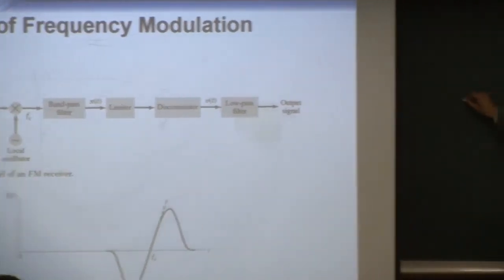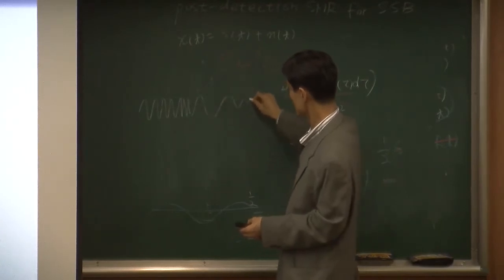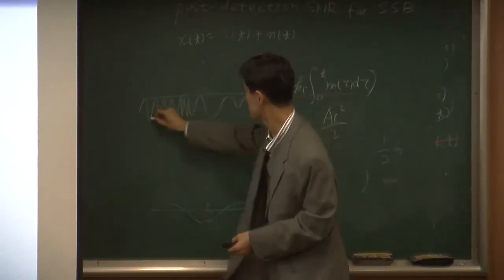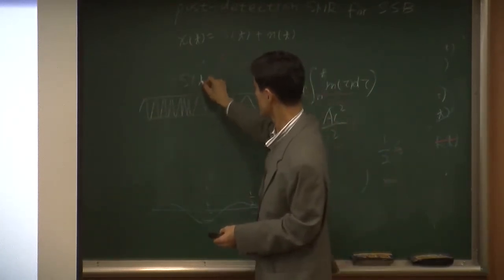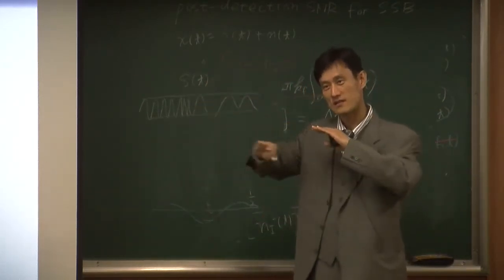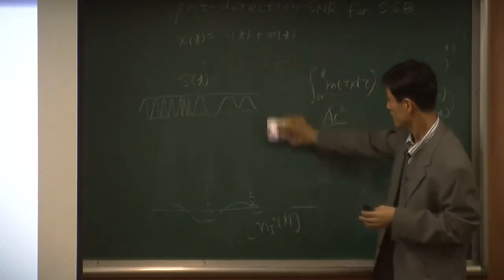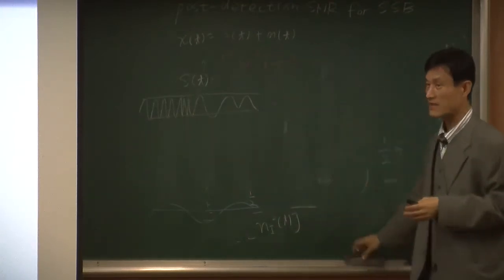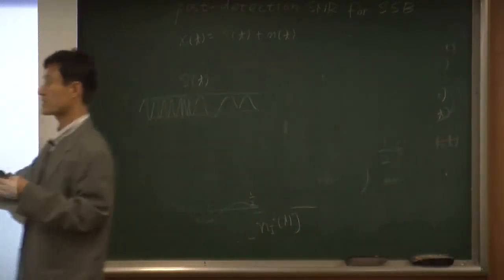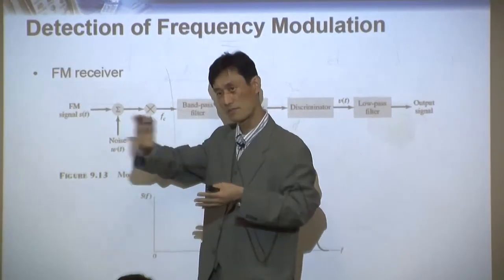FM signal always has the same amplitude, but sometimes the frequency changes like this, but the amplitude is always the same. That's our FM signal, right? However, this ST is what we transmitted over the air. So FM signal always has a constant amplitude.